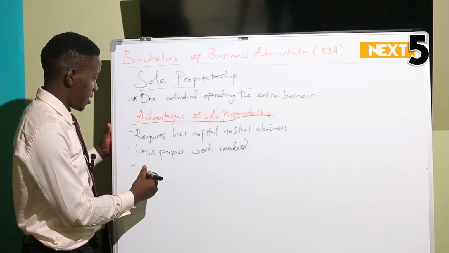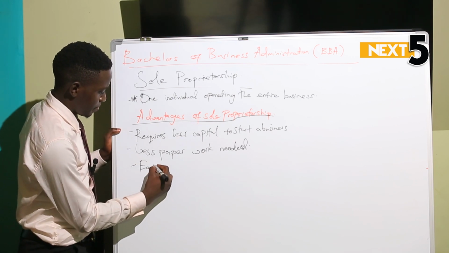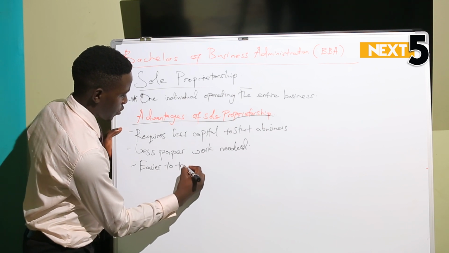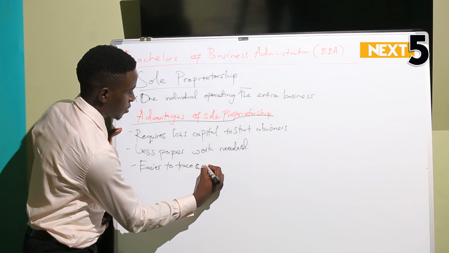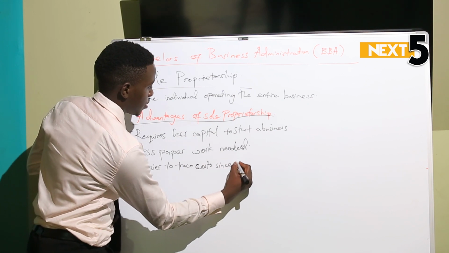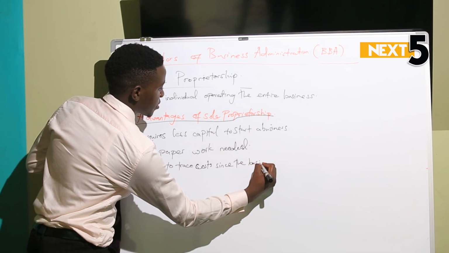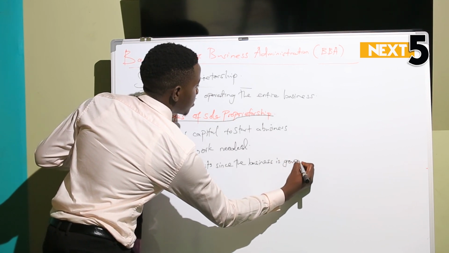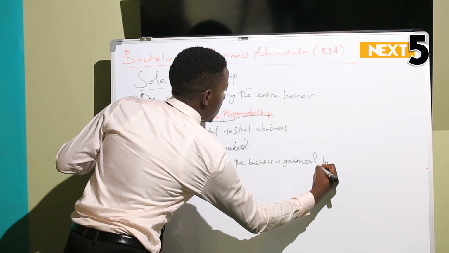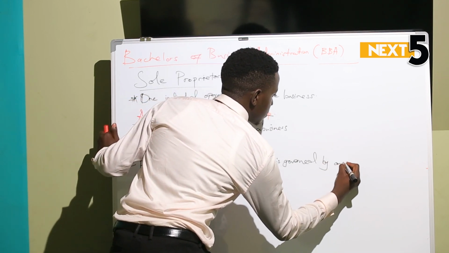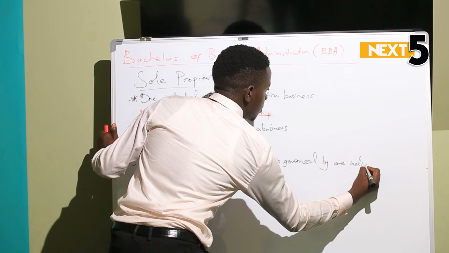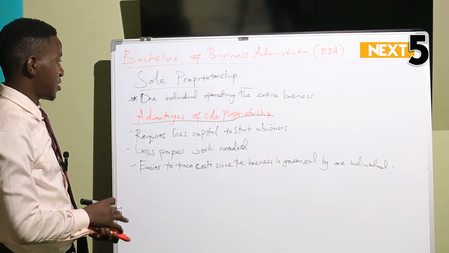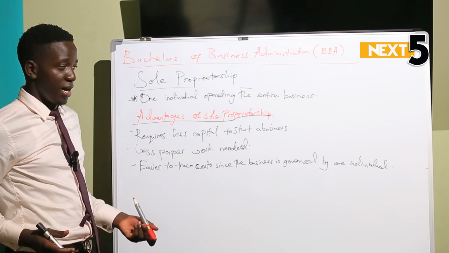Then in this, we see that it is easier to trace costs since the business is governed by one individual. So you find that it is easier to trace costs since the business is always governed by one individual.